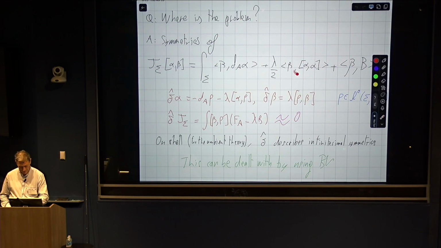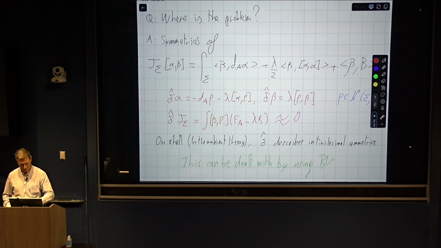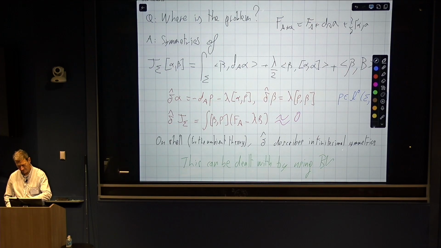Somehow here you have to think of these terms, d_A alpha and alpha bracket alpha, as part of some generalized curvature. Maybe let me write it down: it's natural to think of F of A plus alpha as F of A plus d_A alpha plus 1/2 alpha bracket alpha.